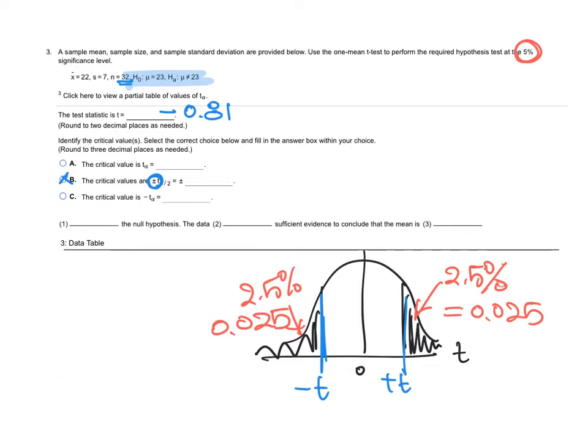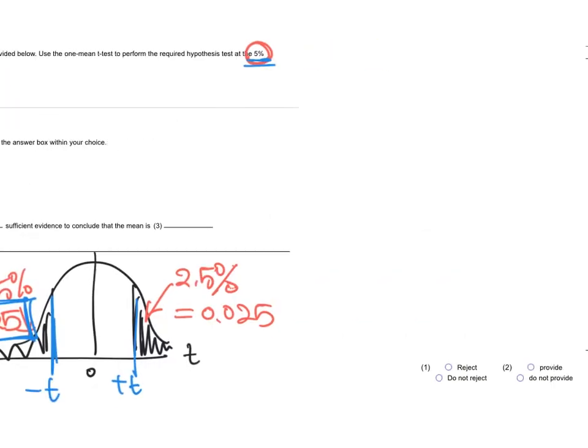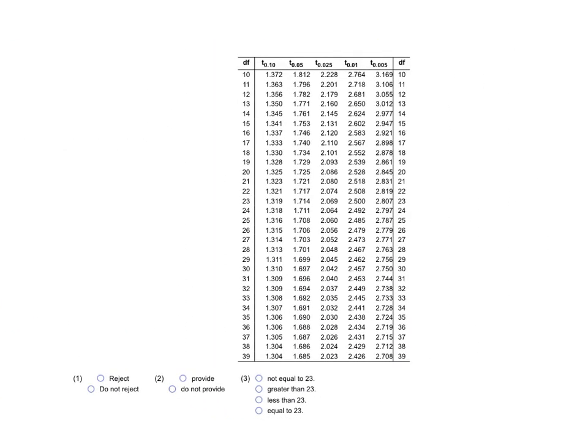So let me go to the t-table, and I have to look for the probability 0.025. It's not 5% because we already split it, and the degree of freedom is 31. So let me go to the t-table. We split the alpha from 5%, that is 0.025, and the degree of freedom is 31.